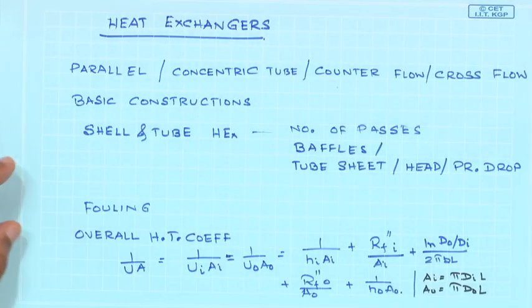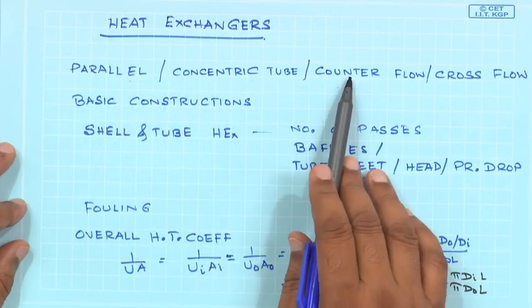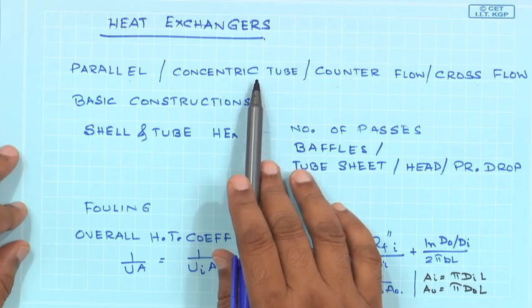So, we will have situations where mixed flow also prevails. So, depending on the direction of flow, it can be parallel, counter, and mixed flow. We talked about parallel flow, counter flow, cross flow, and concentric tube, which is the simplest form of heat exchange equipment.